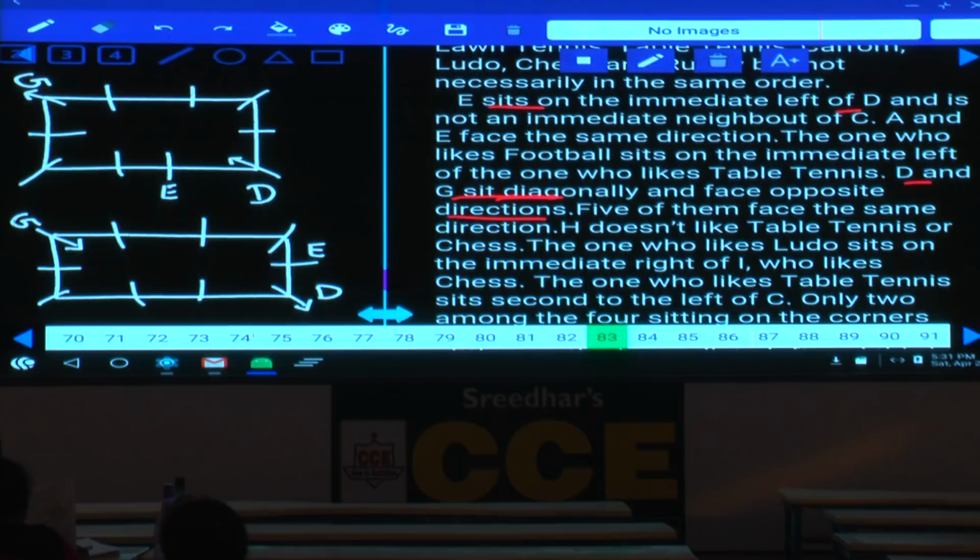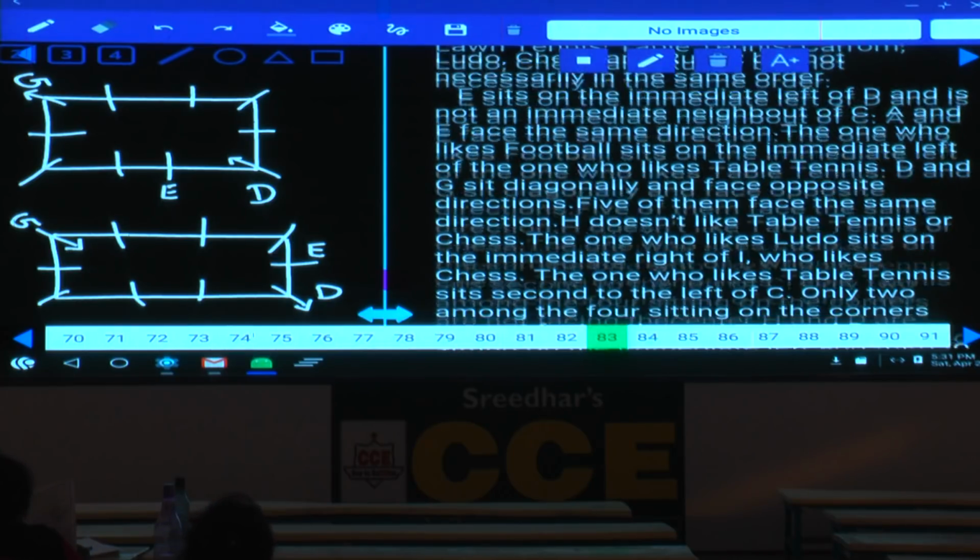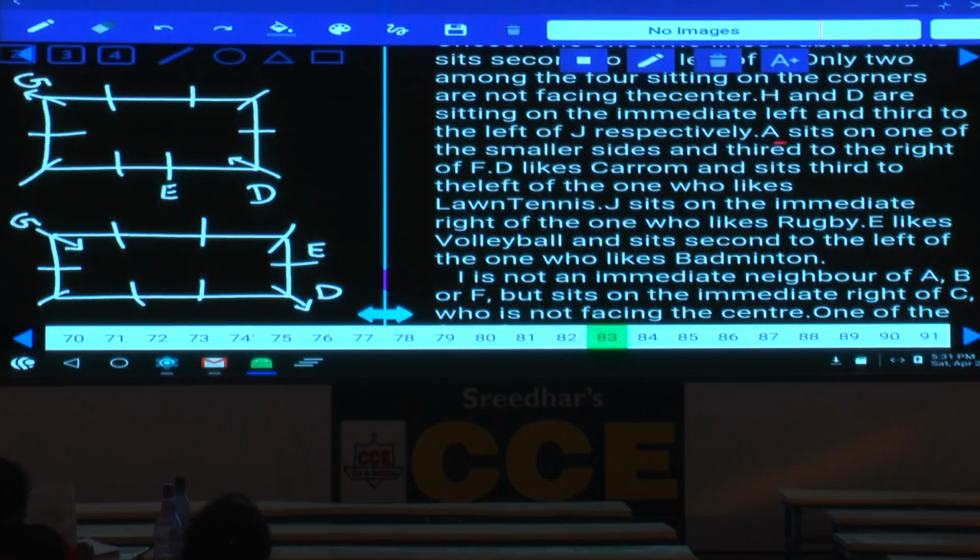A sits at one of the smaller sides and third to the right of F. As A is at one of the smaller sides, A must be here, because there are only 2 smaller sides, out of which on one of the smaller sides E is there, and on the other smaller side A must be here. Now in the second case we got only 1 possibility, whereas in the first case we are having 2 possibilities. Isn't it? In the first case A can be either here or here. Are you following this one or not?